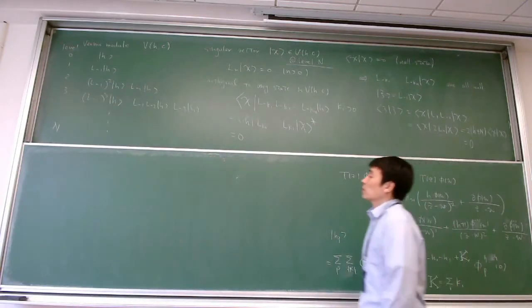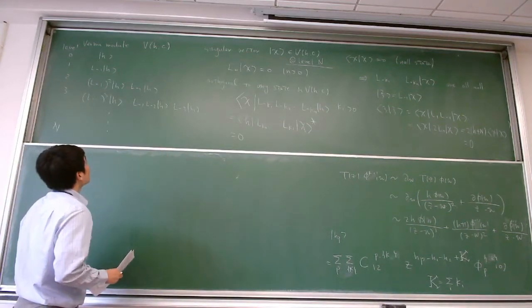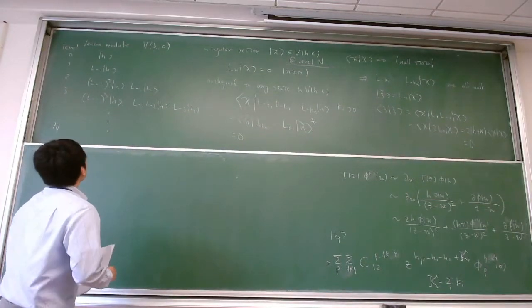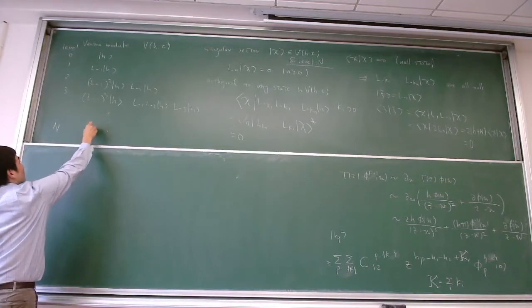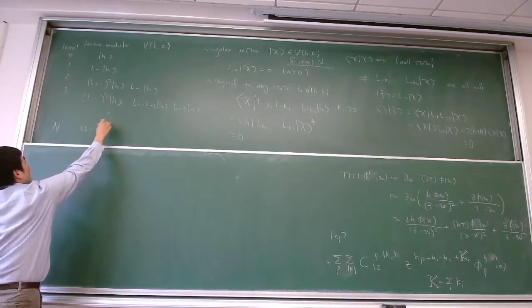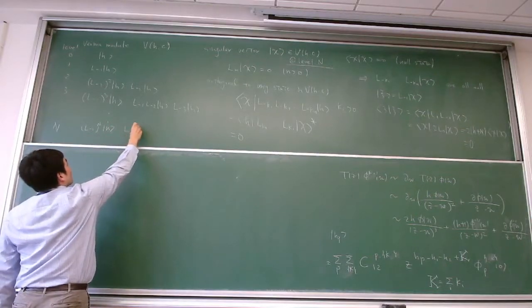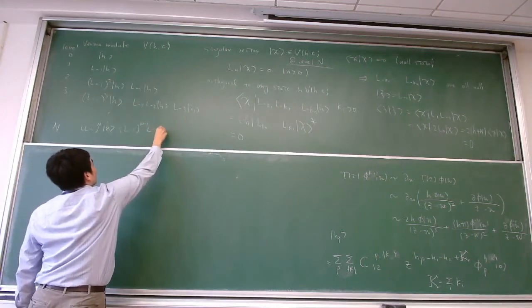So given this, I think it's better to use this one. L_{-n} acting on h, and so on, the same operation with L_{-(n-1)}, L_{-2}, and h, and so on.